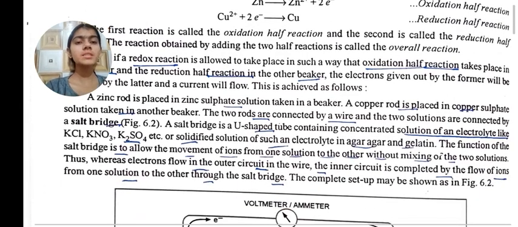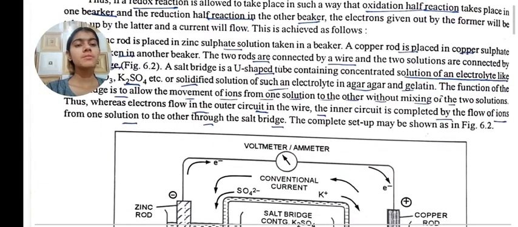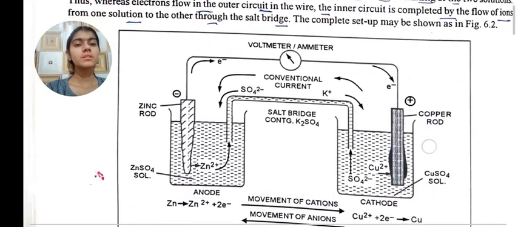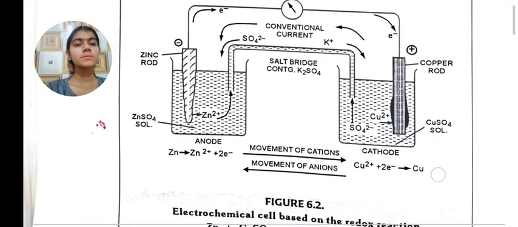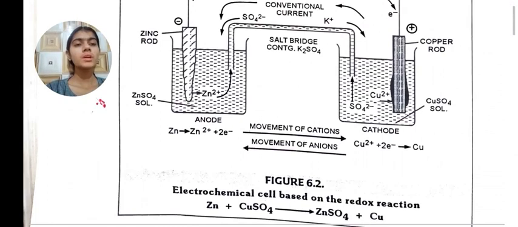Thus, whereas electrons flow in the outer circuit in the wire, the inner circuit is completed by the flow of ions from one solution to the other through the salt bridge. The complete setup may be shown as we can see in the figure. From the anode there is movement of cations to the cathode, and from the cathode we can see the movement of anions to the anode.